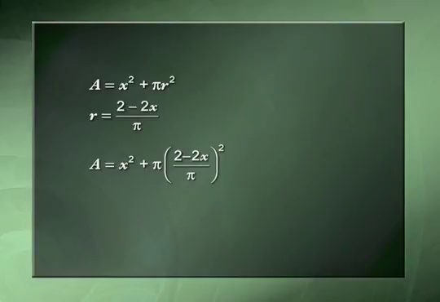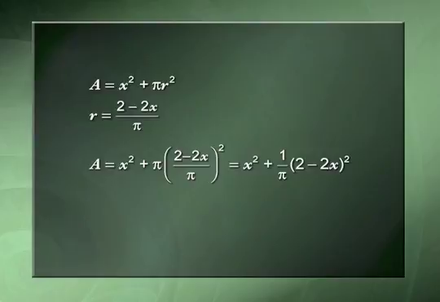And then I'm going to simplify that slightly. The pi squared in the denominator can cancel with the pi on the outside of the parentheses, and you're left with x squared plus 1 over pi times (2 minus 2x) squared.